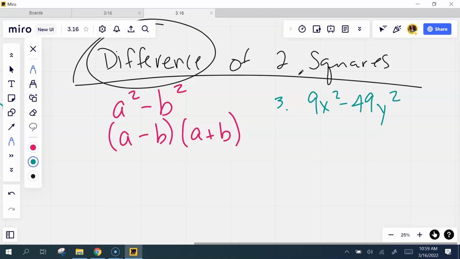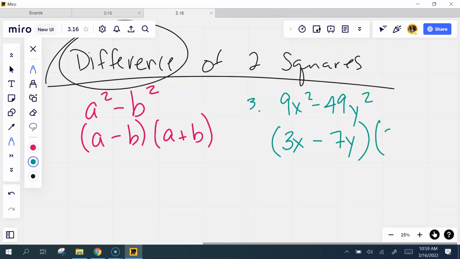So what times itself gives you 9x squared? 3x, right? And what do you multiply by itself to get 49y squared? 7y. I do one with a subtraction and one with an addition, and that is factored. Everybody okay? These are just special patterns that we talk about that make factoring easy.